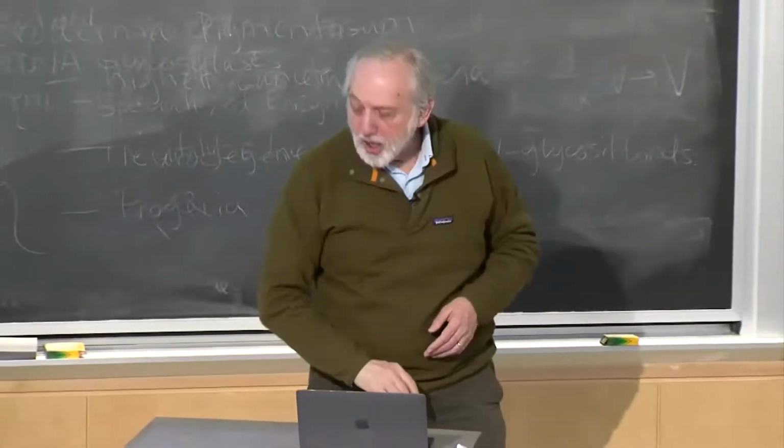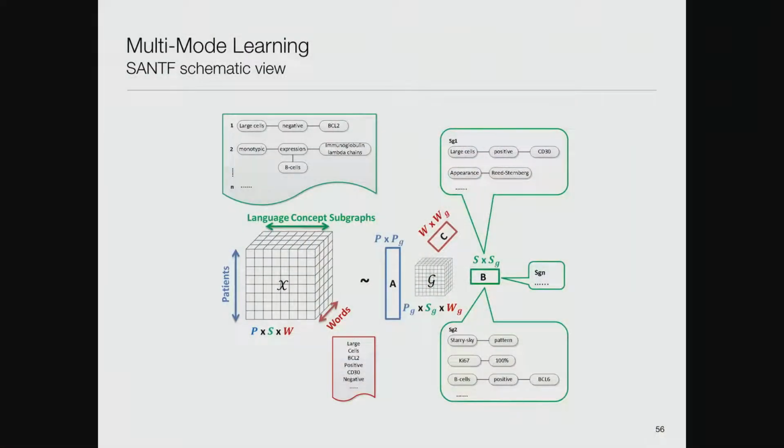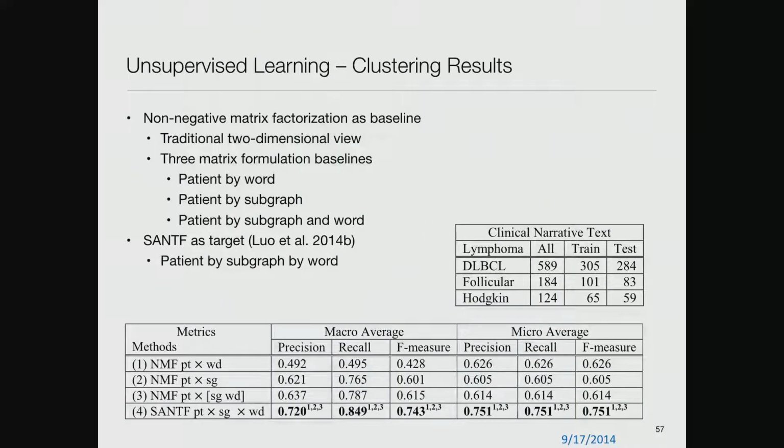Okay, so what he wound up with is a tensor that has patients on one axis, the words appearing in the text on another axis. So he's still using a bag of words representation. But the third axis is these language concept subgraphs that we were talking about. And then he does tensor factorization on this. And what's interesting is that it works much better than I expected.